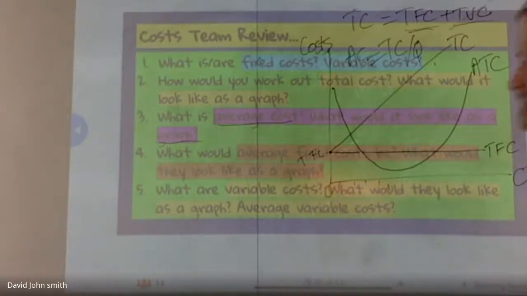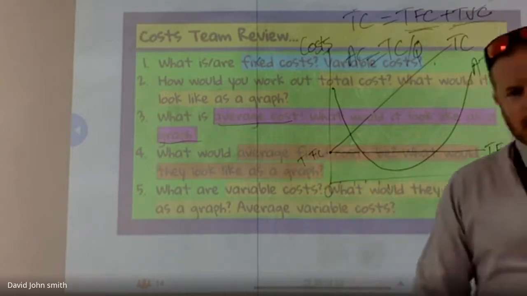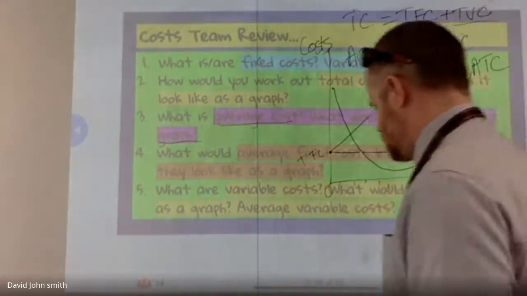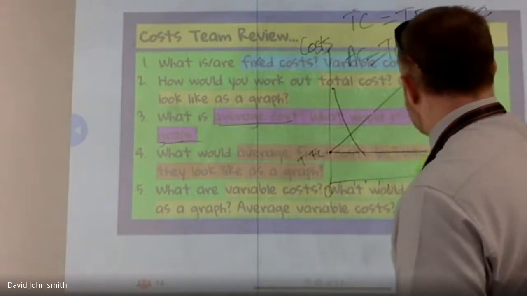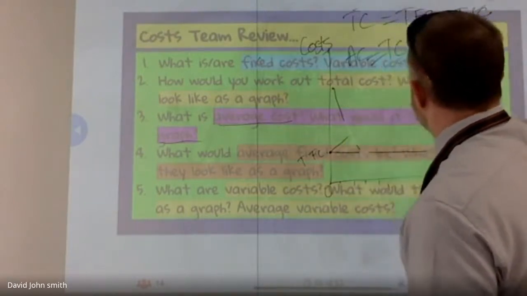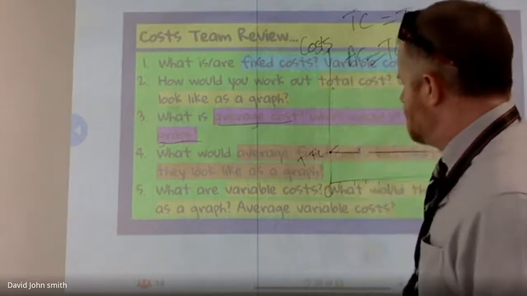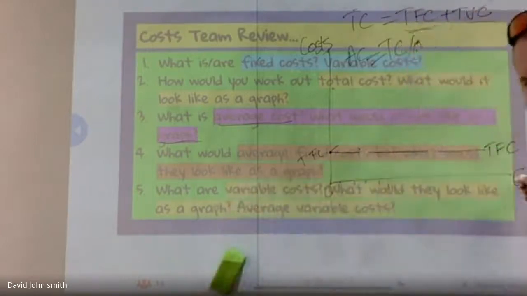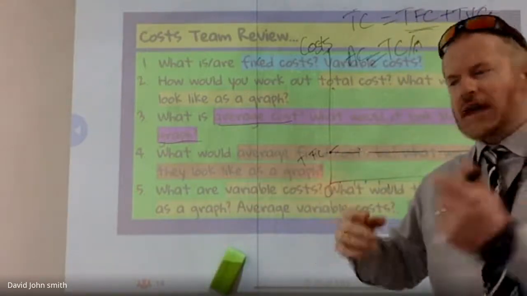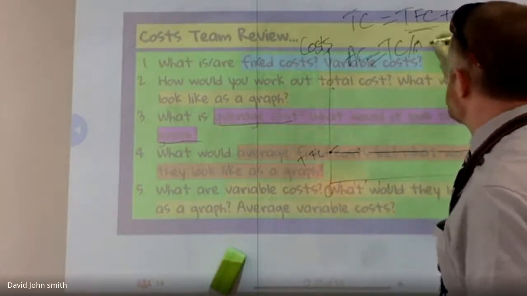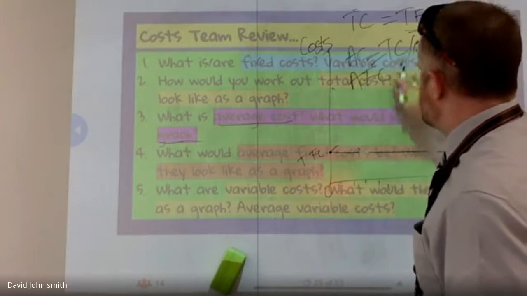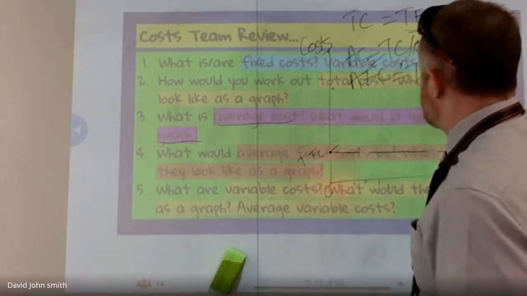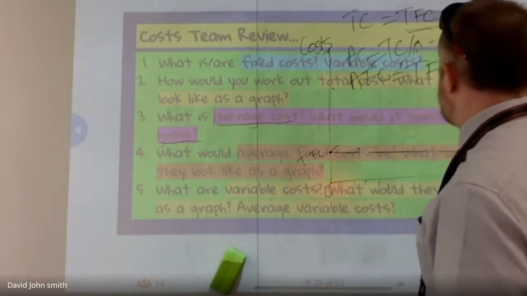What about average fixed costs? Yeah, that's an interesting one. Let's get rid of these. There's your total fixed costs. So what would the average of your total fixed costs be? Average fixed costs is going to equal total fixed cost divided by quantity.